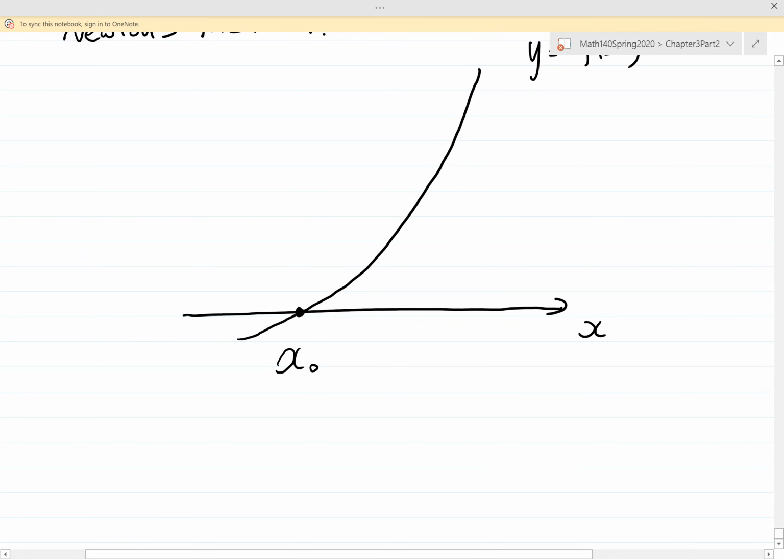First of all, we have some rough information about this x0. We can use the intermediate value theorem to locate it roughly. From the example we did, we know it's bounded between 0 and 1. So you can choose a number x1 near x0.